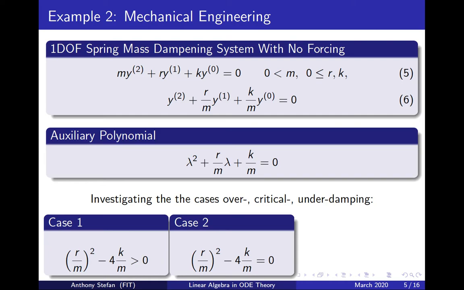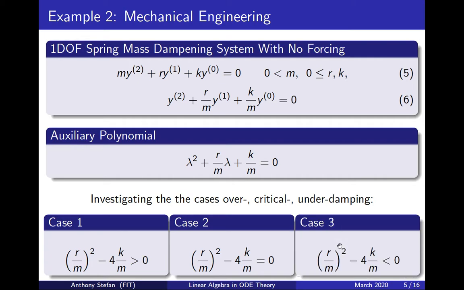And then under damping is actually the case where there's not much resistance. So the third case, under damping, resistance is going to be lower. This here, we will see what kind of case this looks like in our solutions.